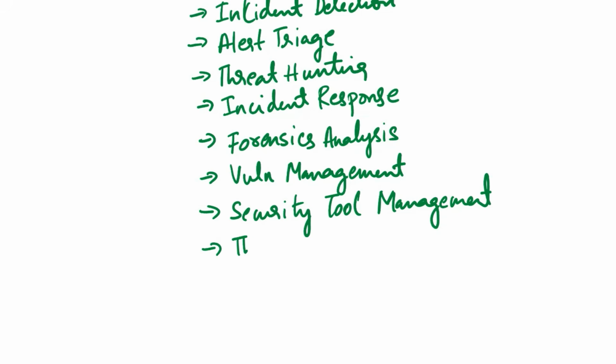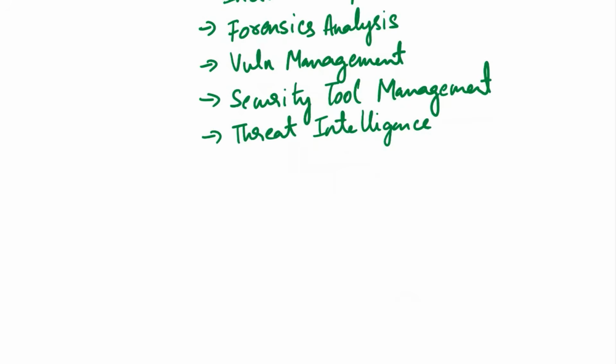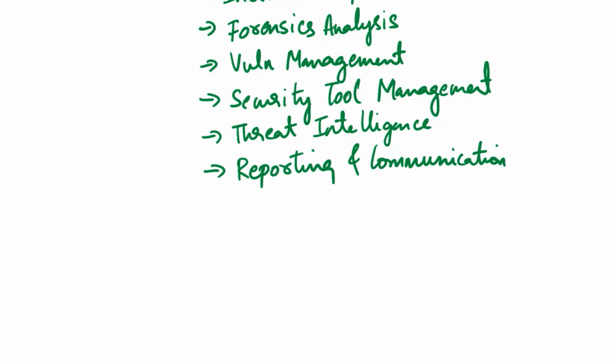Then there is threat intelligence. Leveraging threat intelligence feeds and information to stay informed about emerging threats and trends is also a key responsibility of SOC. Next one is reporting and communication. That is, SOC is responsible for providing regular reports to stakeholders, even including the senior management, on the state of cybersecurity within the organization.